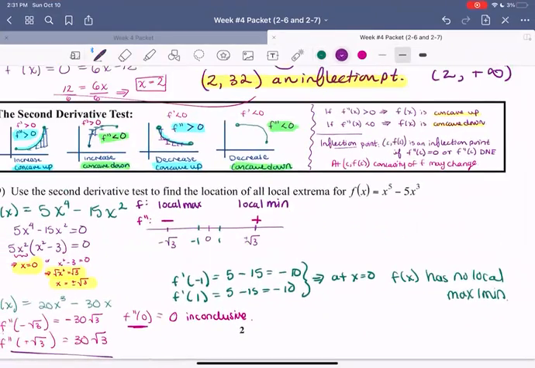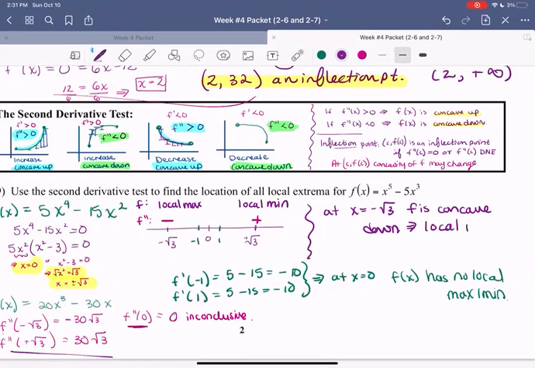So then we can summarize here. At x equals -√3, f is concave down, which implies that the input value x equals -√3 is at a maximum.